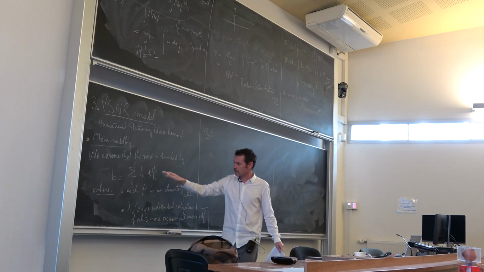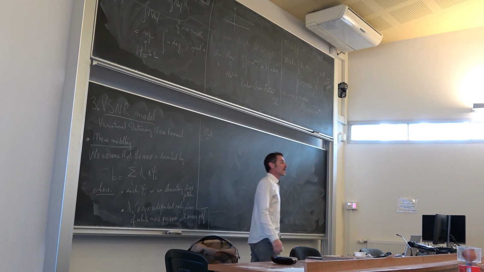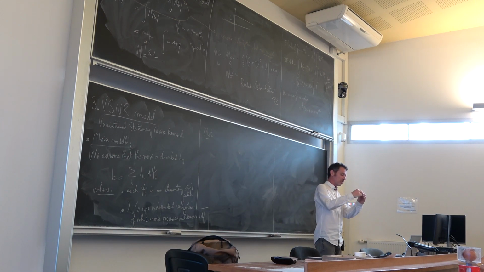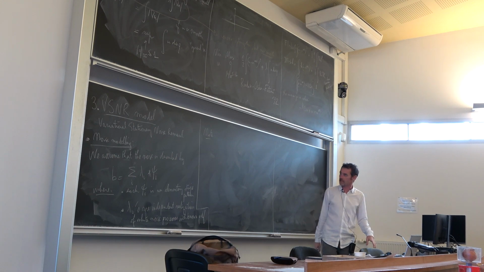If we describe the noise like this, it means that the noise is stationary, which means that the probability that you find some pattern of noise is the same if you translate the pattern.